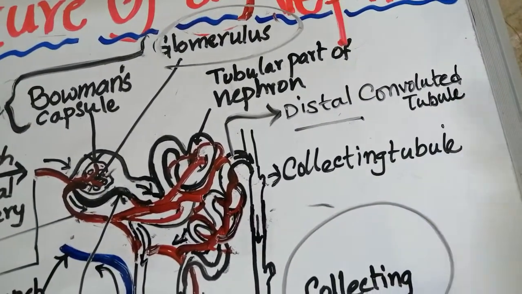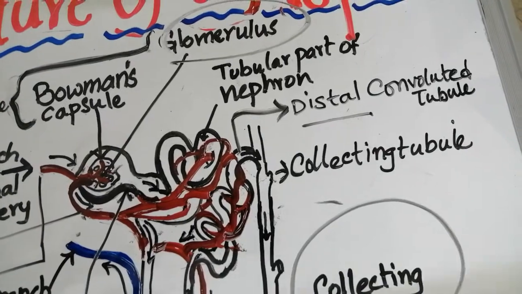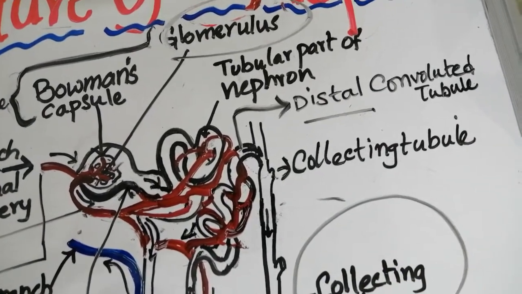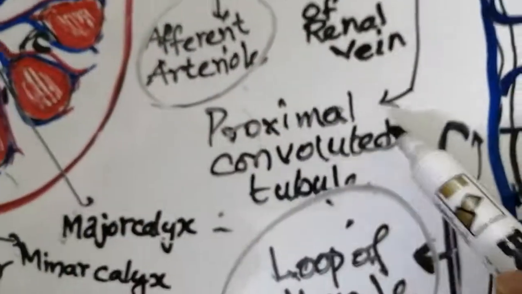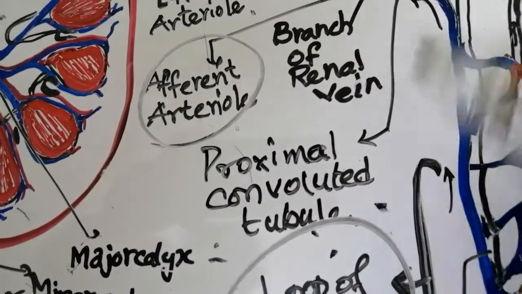These are the parts present in the structure of the nephron. First of all, we will see the proximal convoluted tubule.